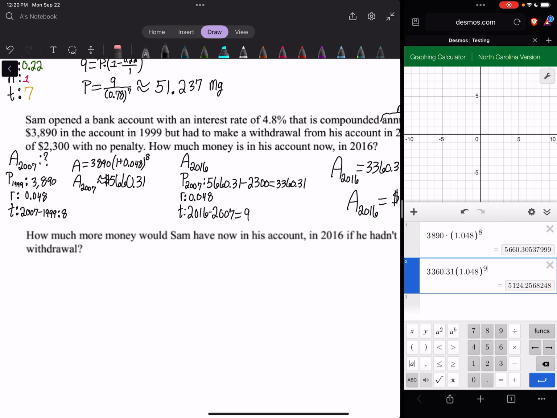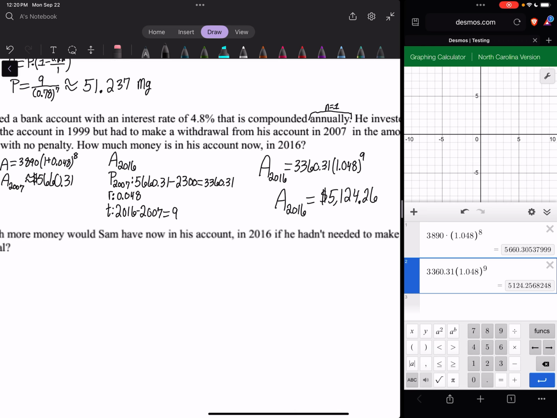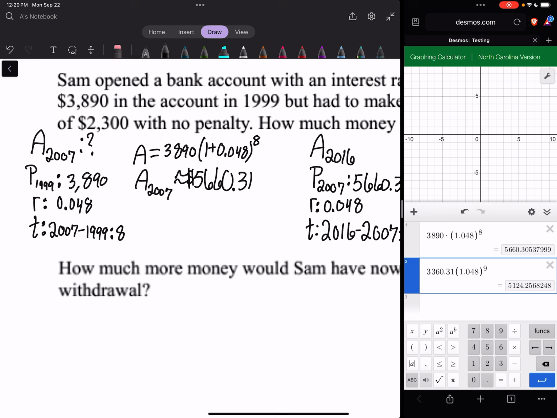The next question says, how much more money would Sam have now in his account in 2016 if he hadn't needed to make the withdrawal?